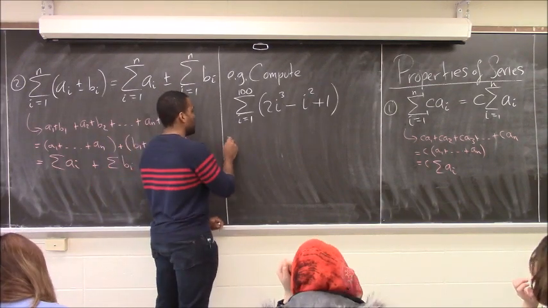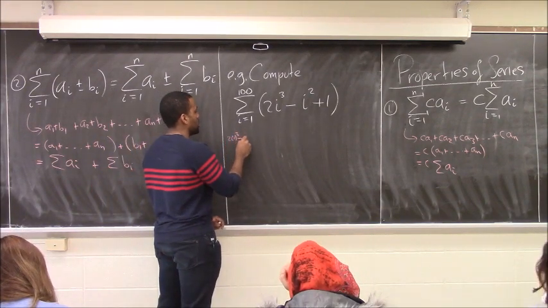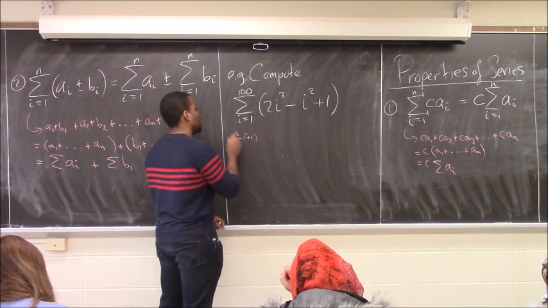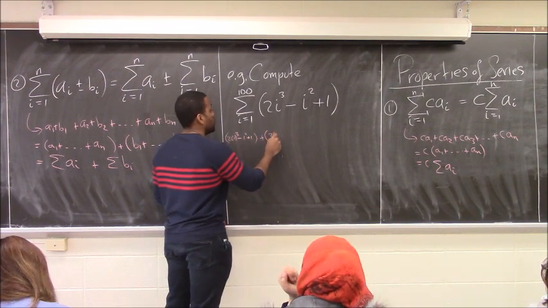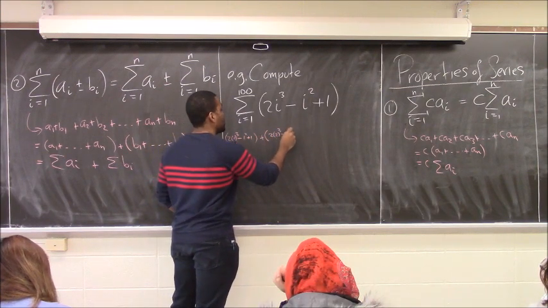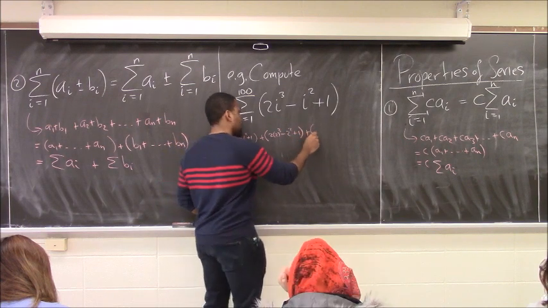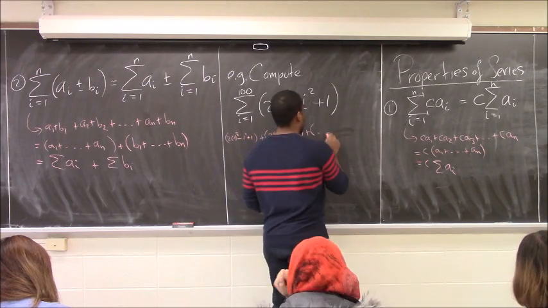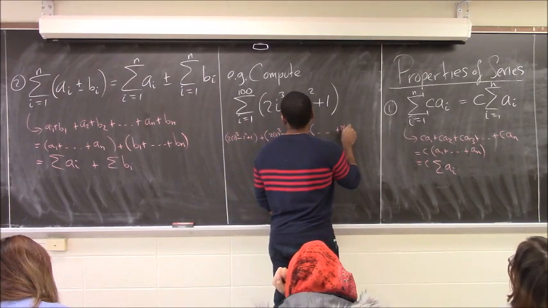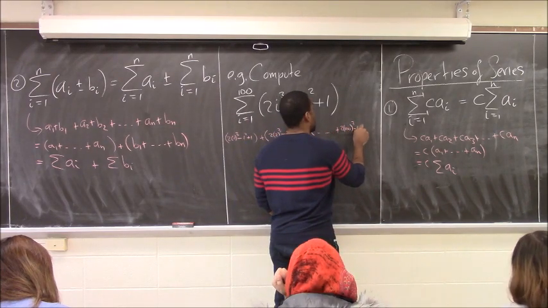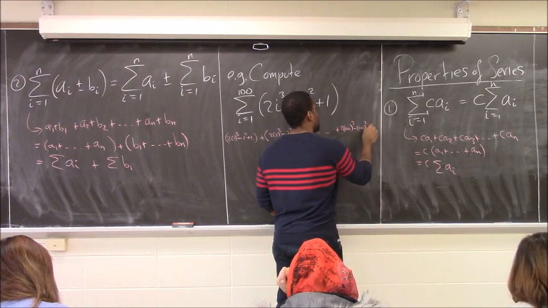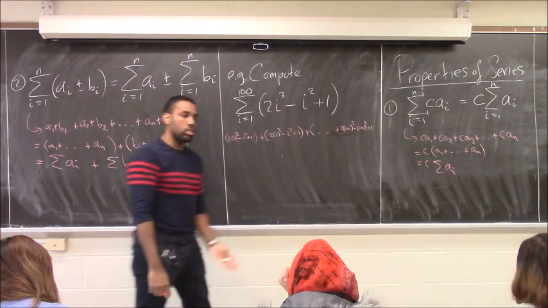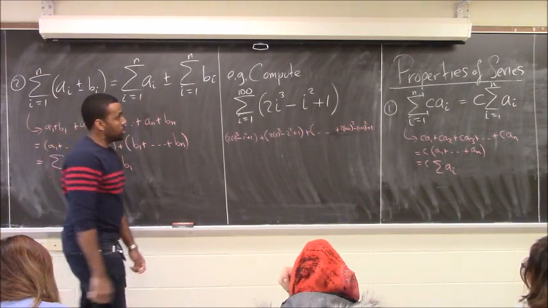It means I'm going to take 2 times 1 cubed minus 1 squared plus 1. I'm going to add that to 2 times 2 cubed minus 2 squared plus 1. I'm going to add that to, and I'm going to keep doing that until I end up with 2 times 100 cubed minus 100 squared plus 1. I'm going to add 100 things that look like this.